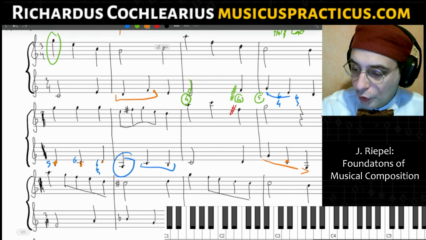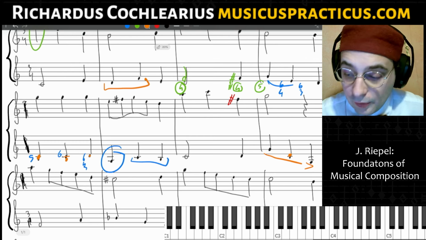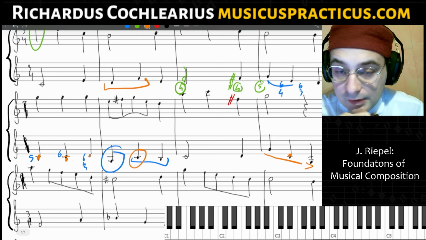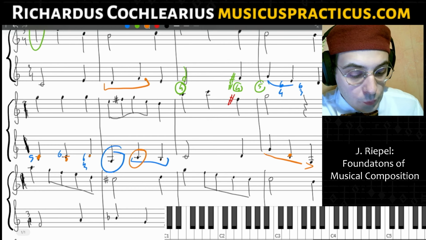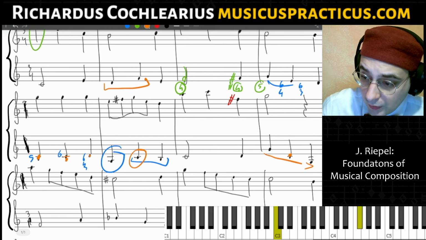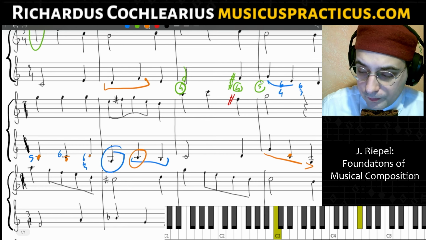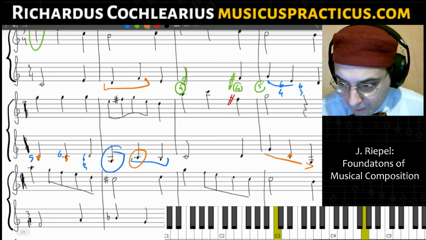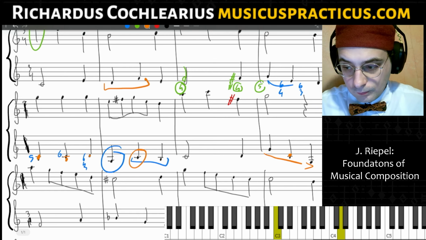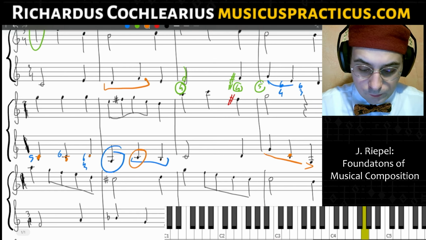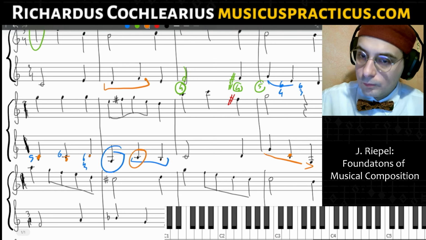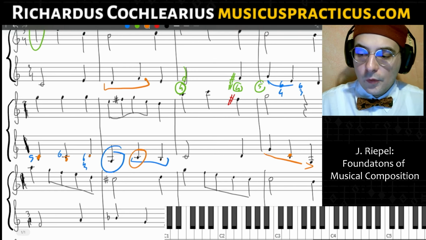Now, in order to connect these two sections, let's see what we can do, because there may be even the possibility to change that C. Let's see what we can do. Fa, sol, sol, sol, fa, for example.